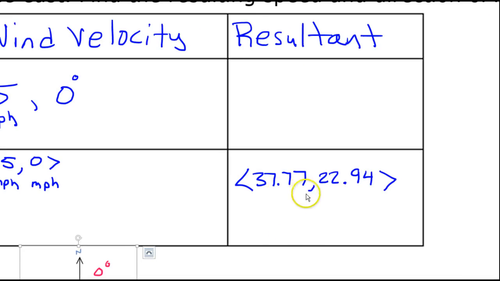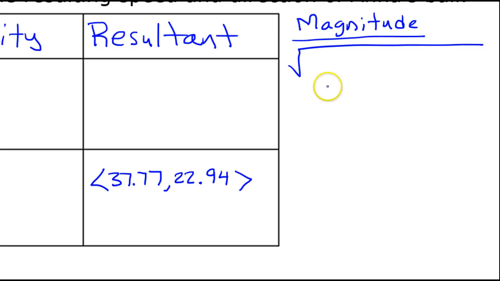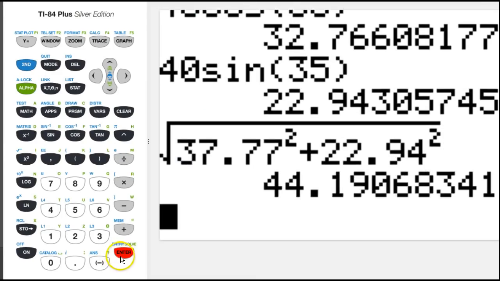So we're just going to take this and find the magnitude and direction, which we will put right here. So let's start with the magnitude. For the magnitude, we're just going to use the magnitude formula. So that's going to be the square root of 37.77 squared plus 22.94 squared. Just calculate that. Boom.